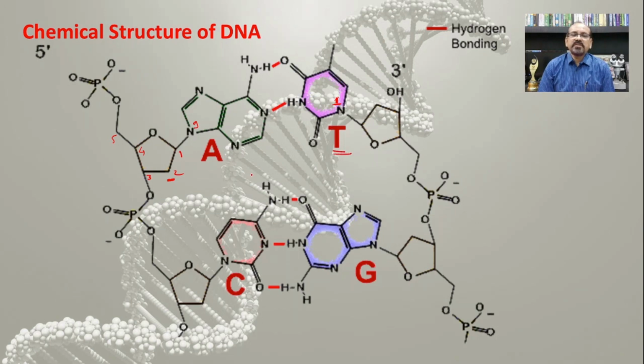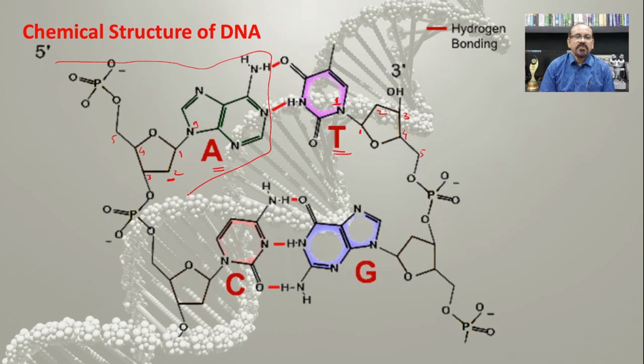In pyrimidines there is a first nitrogen which is attached to the first carbon atom of the sugar. This one is the first, second, third, fourth, and the 5th is outside the ring. In this way there is a complementary nitrogen base pairing. So here this is now one nucleotide.